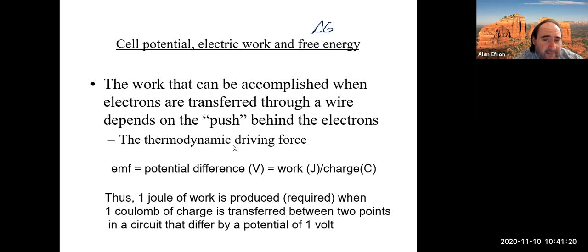If you look in a battery compartment, there's a little wire where the batteries go. A redox reaction happens, electrons are transferred through the wire, through your device, and power your device. That potential difference, which is the voltage, is equal to a joule of work over a coulomb of charge. That's what the C stands for.